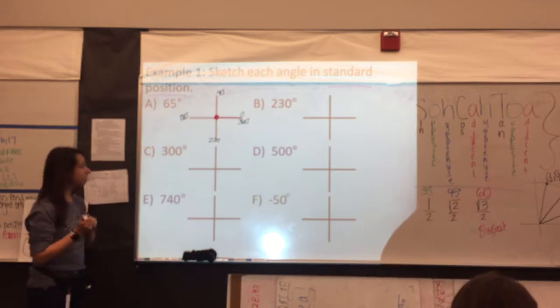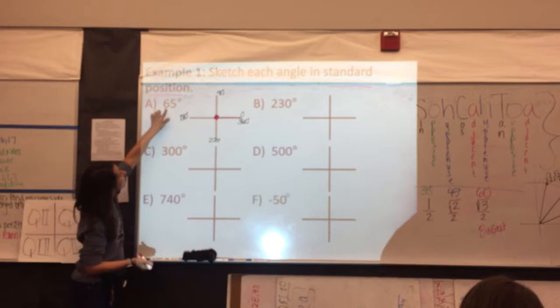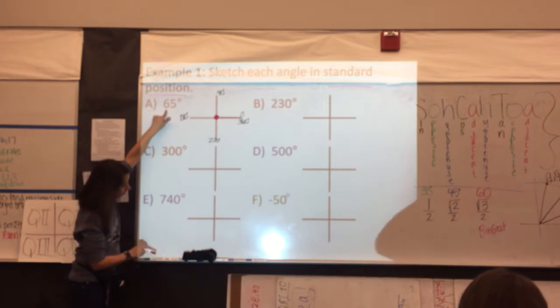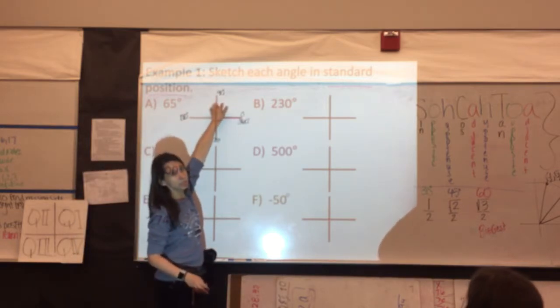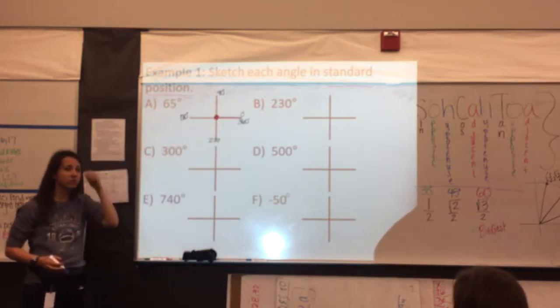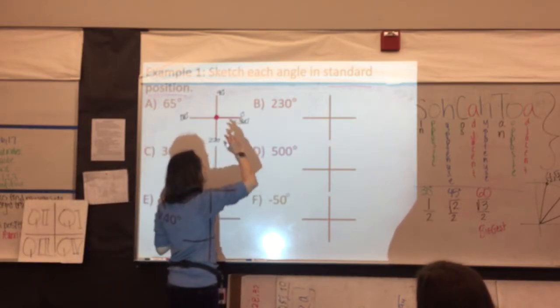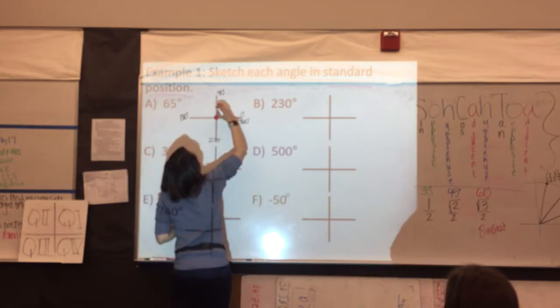Then you determine the quadrant that the angle is in. So I look at 65. Which quadrant will 65 fall in? First, because it's between 0 and 90. Is it closer to the 90 or closer to the 0? Closer to 90. So I don't care where you put it as long as it's closer to the 90 and it's in quadrant 1.